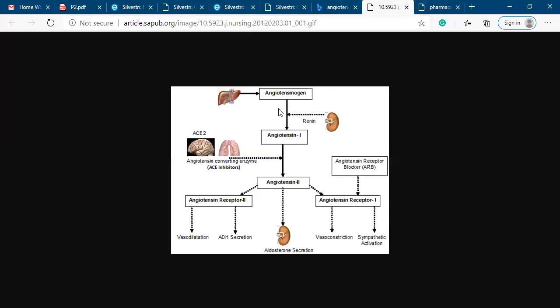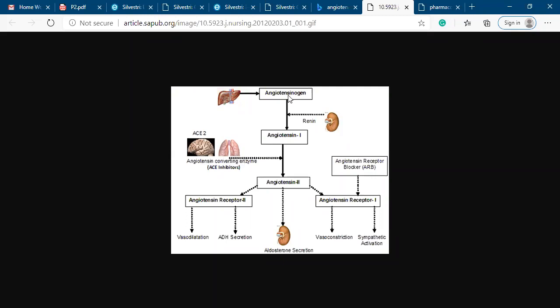But again, going back to this picture. As I told you, angiotensinogen converts to angiotensin 1, and angiotensin 1 converts to angiotensin 2, right? If something stops this pathway, then angiotensin 1 does not convert to angiotensin 2. That is called an angiotensin converting enzyme inhibitor. Again, I recap it.